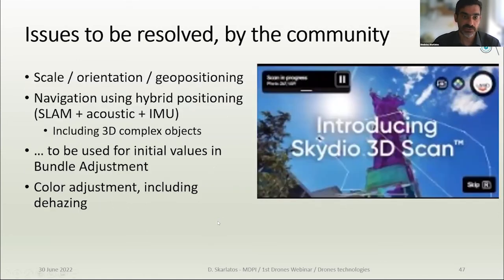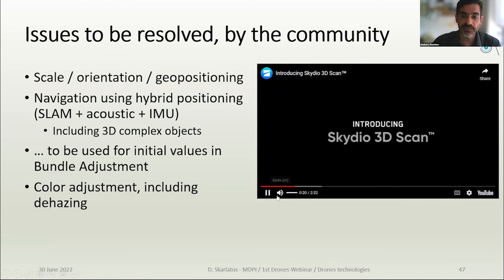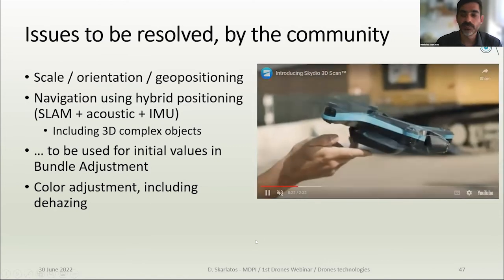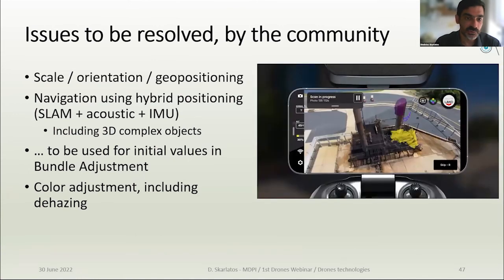On that part, I think that the community will learn from the UAV community, where there is the possibility of simultaneous localization and mapping. Skydio has included it already in their drones.